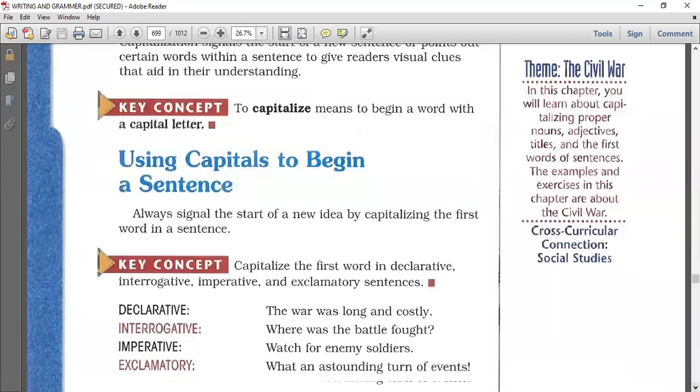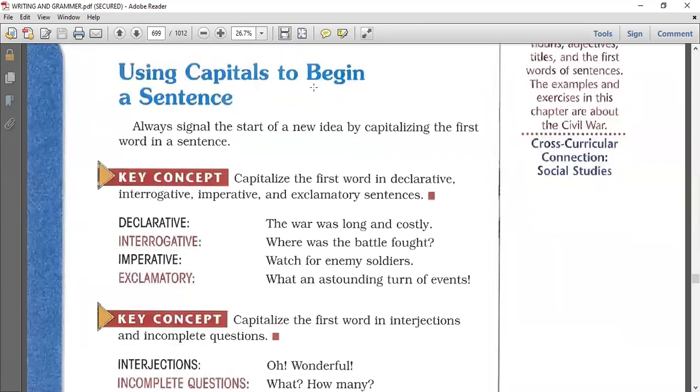And here we have the title, Using Capitals or Capital Letters to Begin a Sentence. Always signal the start of a new idea by capitalizing the first word in a sentence. You know, in English, a new idea means a new sentence. Always, there is no exception, as you know, always signal or begin a new idea by capitalizing the first word of the sentence.